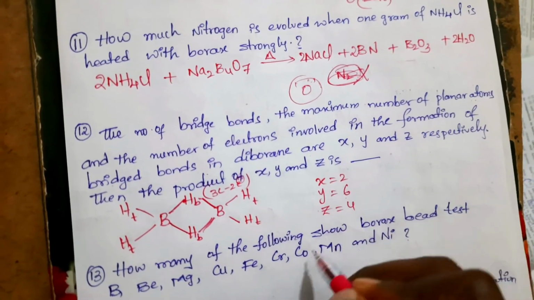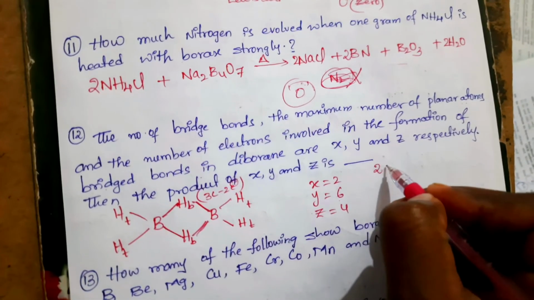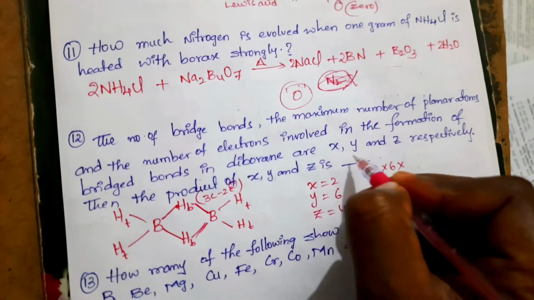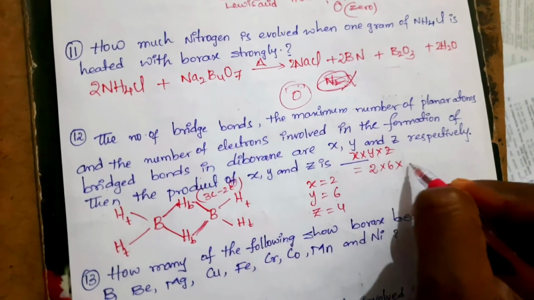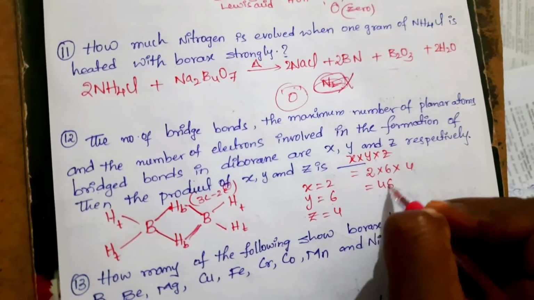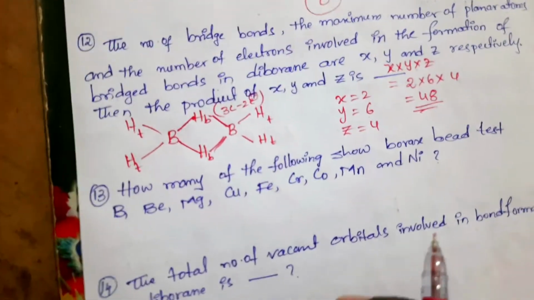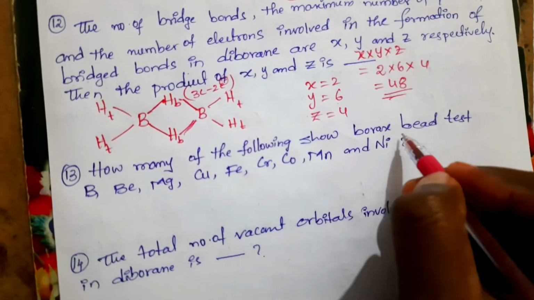Z is equal to 4. Now they are asking the product of X, Y, Z. That is 2 into 6 into 4. 2 sixes are 12, 12 fours are 48. 48 is the answer.